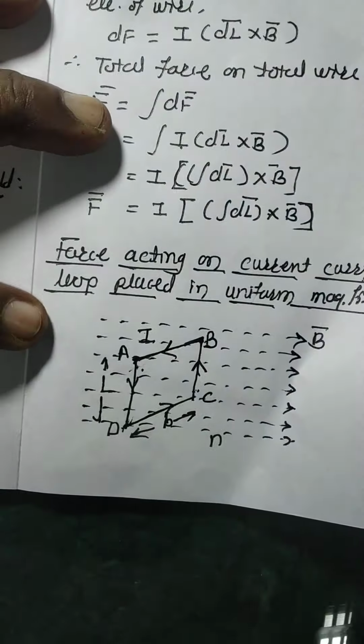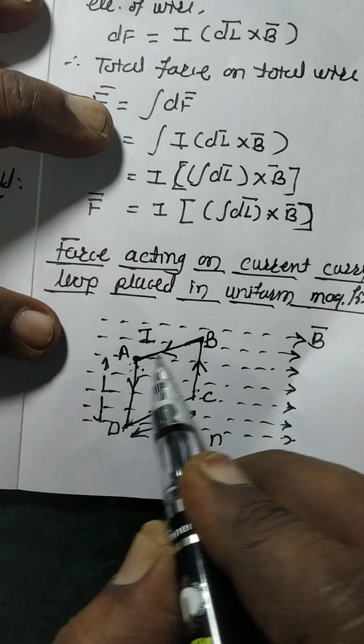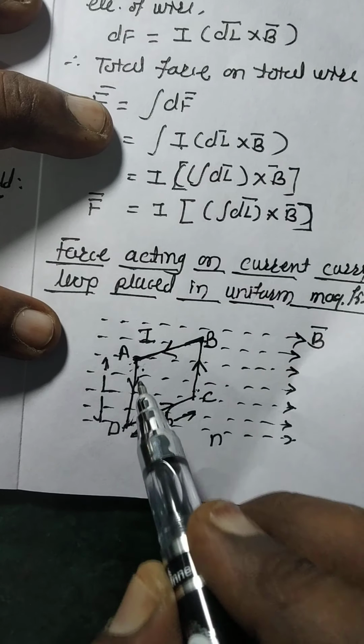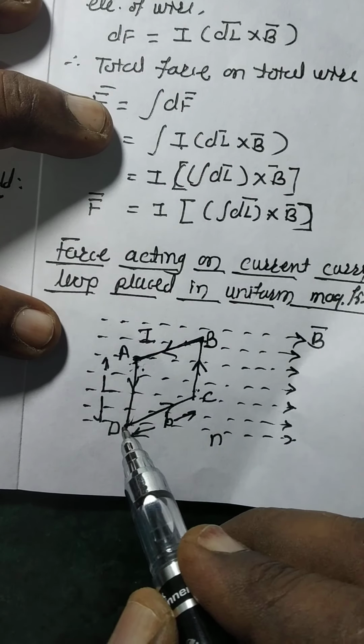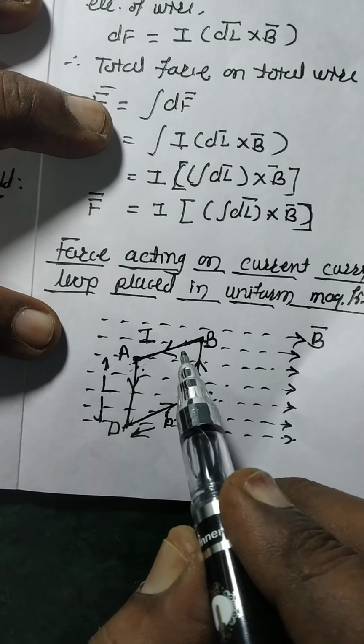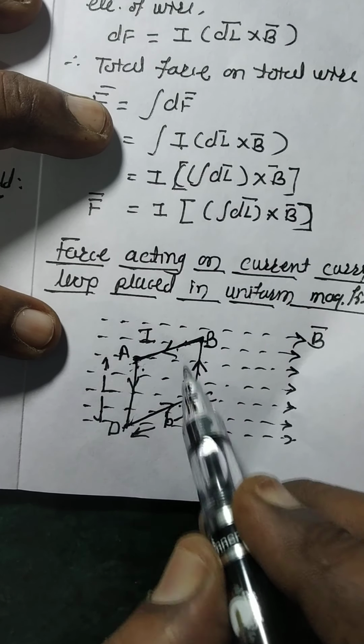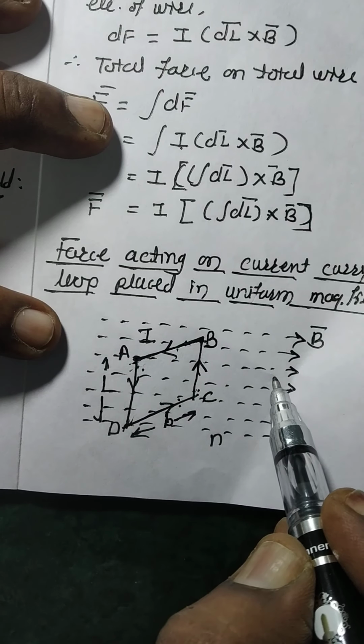Now see here, as sides AB and CD in the diagram are neither parallel nor perpendicular to the magnetic field.